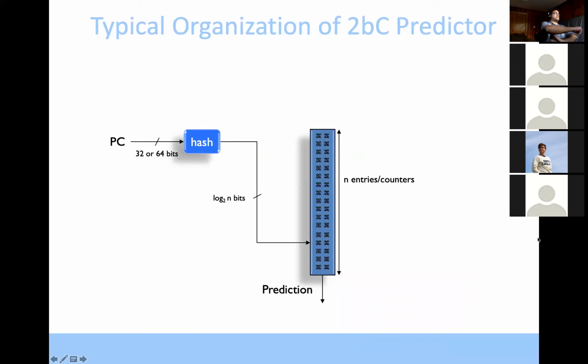So what does this look like when you lay it out in hardware? It looks something like this. A very simplified example would be you pass the PC to a hash function. That hash function puts out some number of bits, typically log2 of n, where n is the number of counters that you have.